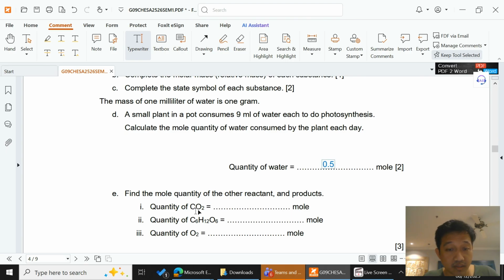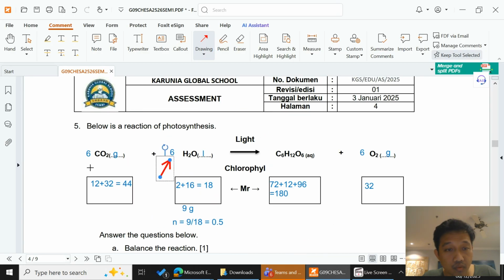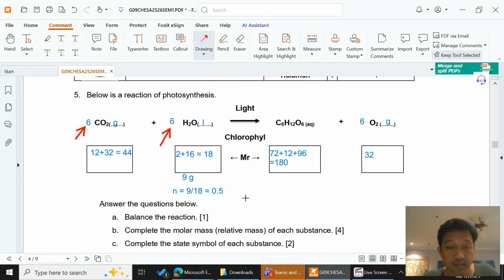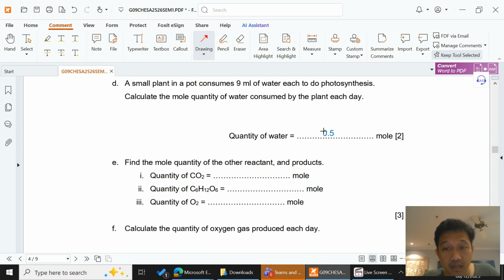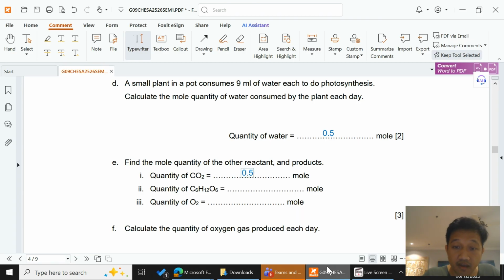What about the quantity of CO2? You have to check this first. So if the coefficient of water is 6, the coefficient of CO2 is also 6. That means during the reaction, they have the same amount. So if the water is 0.5, then the quantity of CO2 needs to be also 0.5 mole.